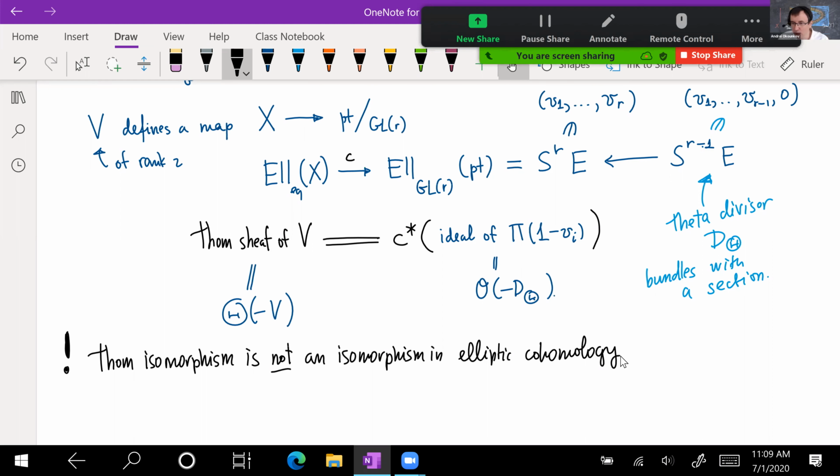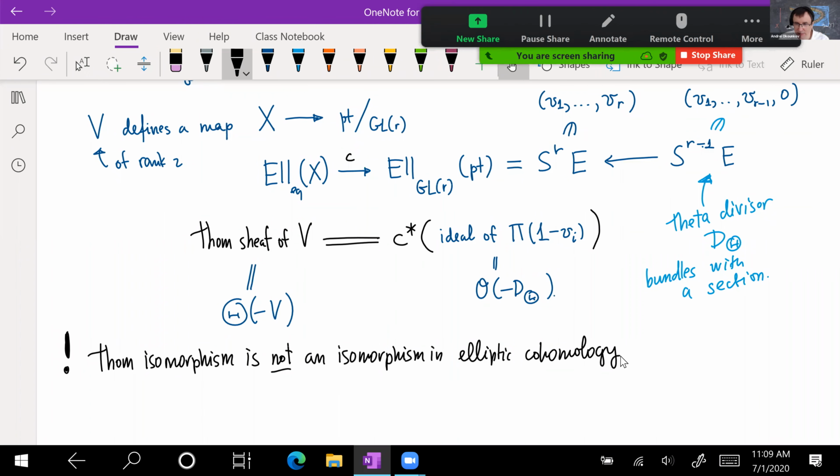But it's not false. It just says that this object that we want to compute is very close. So this is the name of the game. Previously, cohomology was a functor from spaces to rings, but now they go to schemes. On a scheme we can have many line bundles.